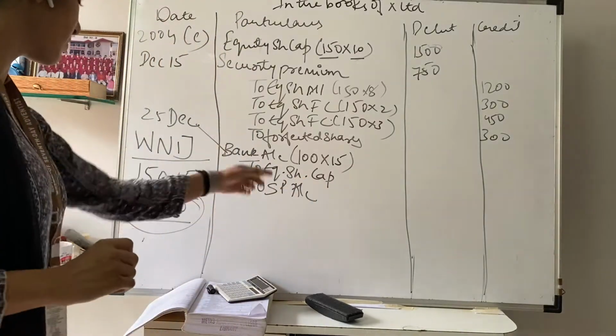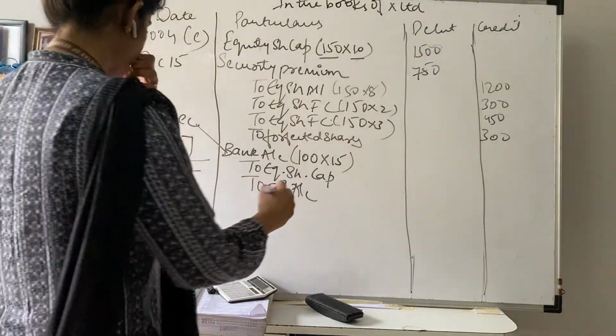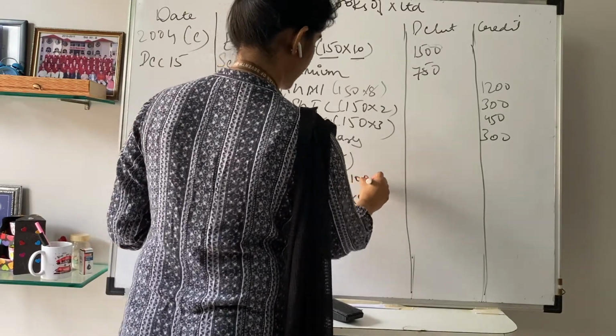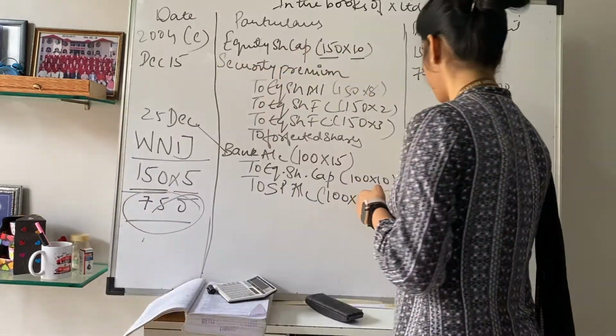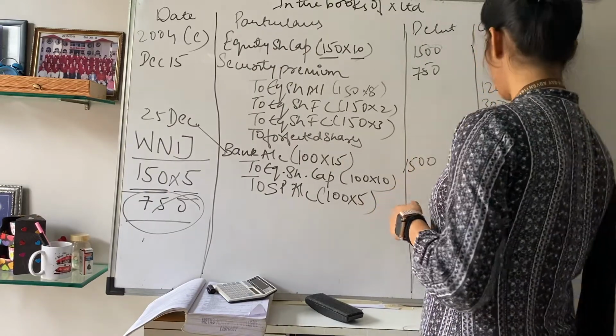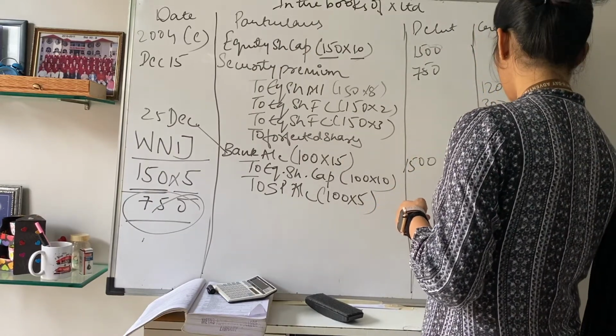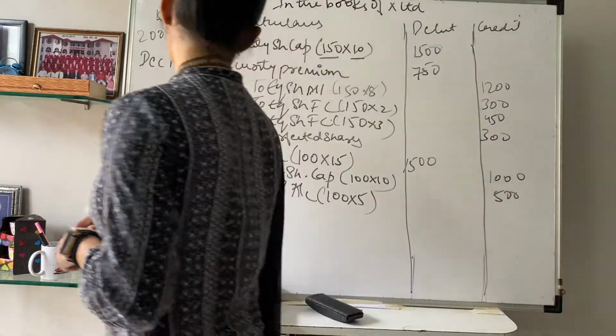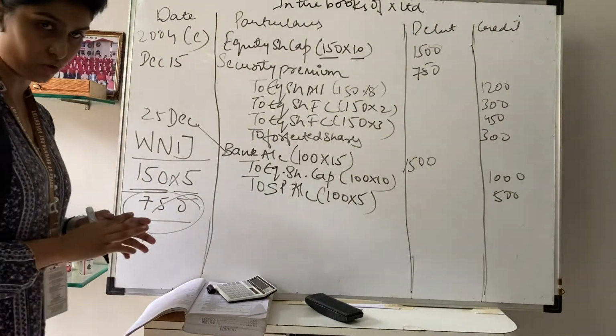Now, your premium is for rupees 5, so 100 into 5. Left out will be the part of your share capital, 100 into 10. So your 1500, this will be 1000, and this will be 500. So this is the part of your reissue.